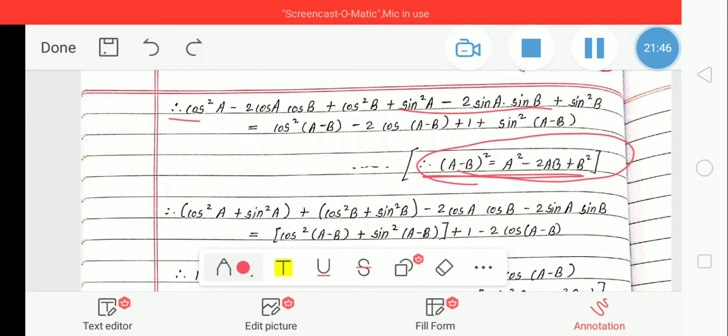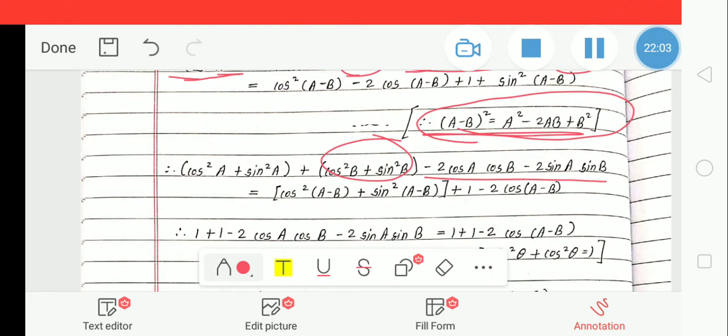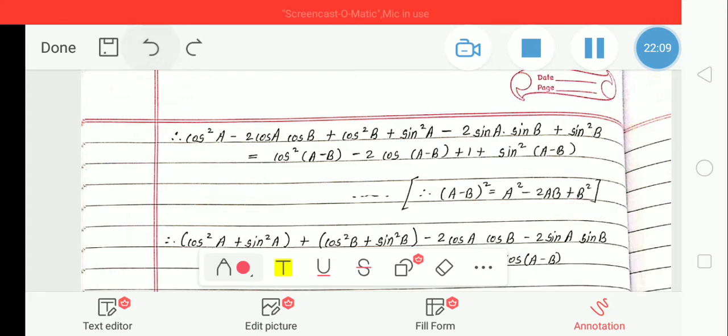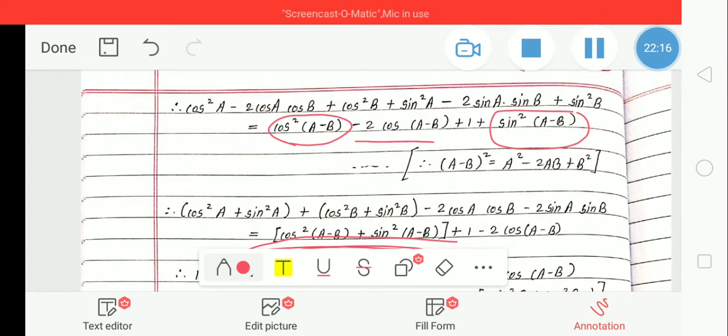Now we take the common squares of A and B outside, and the remaining terms are common. On the right hand side also we take the square outside in this way.